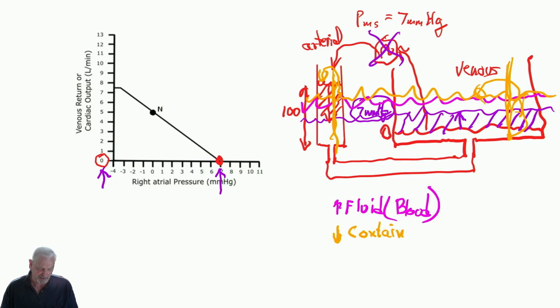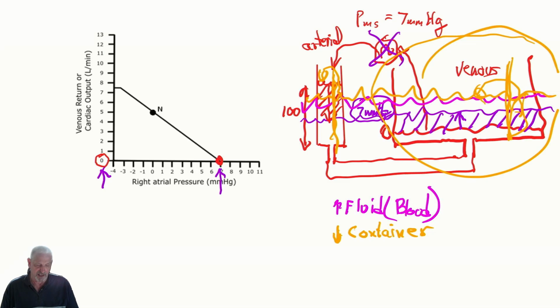And when we think about the container, it is the size of the blood vessels, so the amount of lumen capacity, and we see that the compliant side of the circulation is really the veins. And so we're going to think about the size of the venous compartment as being the most important here, although the arteries also play a role as well.